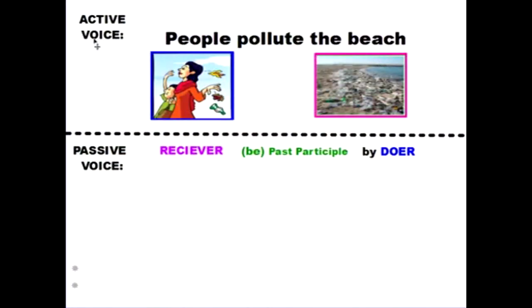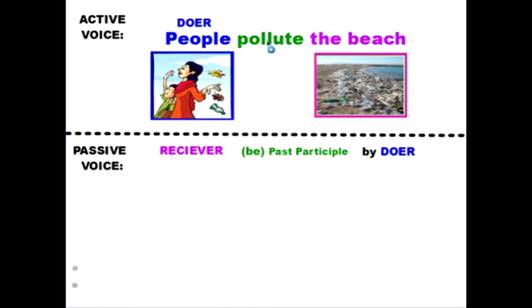Alright, so we need to look at the active voice to understand what is the passive voice. So the active voice looks like this. It says, people pollute the beach. Alright, so if I think about this, the people are doing the action, right? So I like to look at this as the people are the doers.